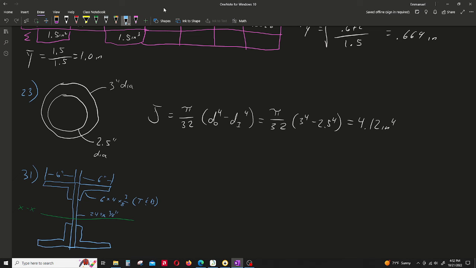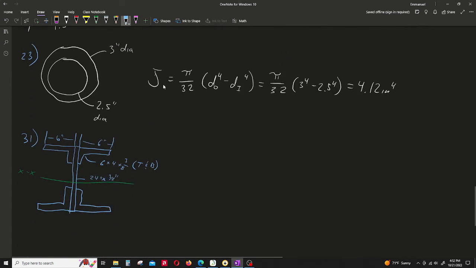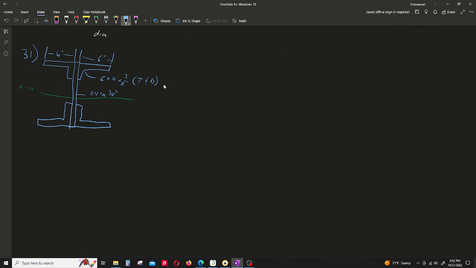All right, so I'm gonna just scroll this down here. All right, so for 31, first thing that we want to do is kind of start off with, as we know, our areas. We've been pretty much doing this the whole time. I'm gonna say this is gonna be 1.